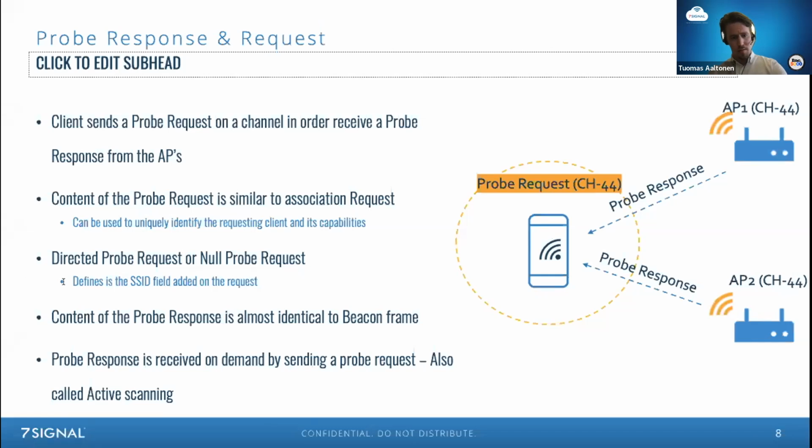And if you look at how many probe responses there can be in a busy network when a client sends a probe request on a channel, there are a lot of APs on the same channel. It can be almost 20 times higher amount of probe responses compared to probe requests.